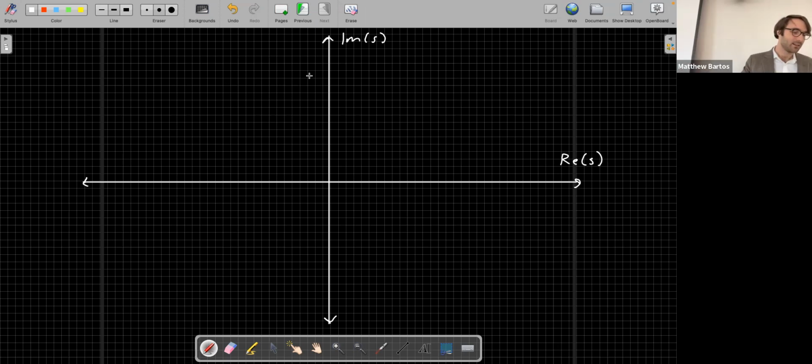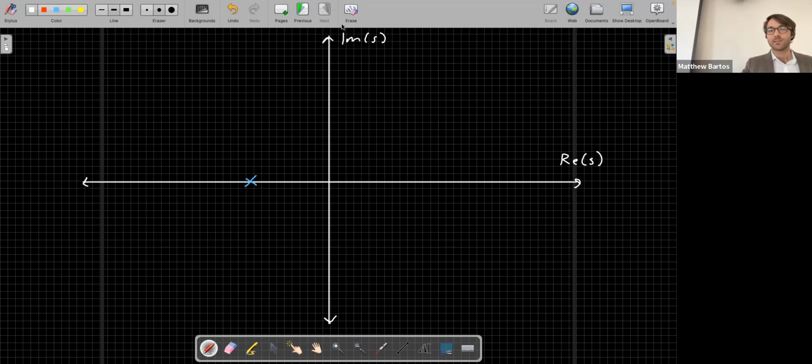Okay, so let's go through. First, let's just look at a single pole over here on the real axis, on the negative side of the real axis. So what is the impulse response corresponding to that pole on the negative real axis? Right.